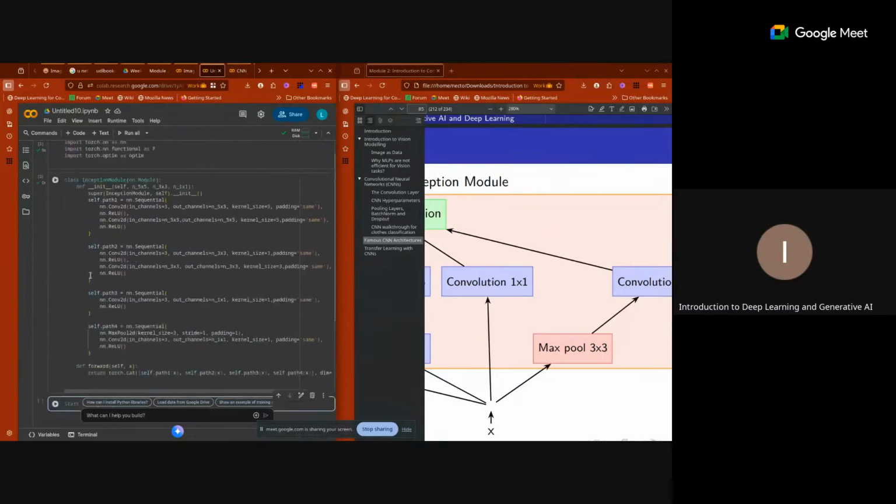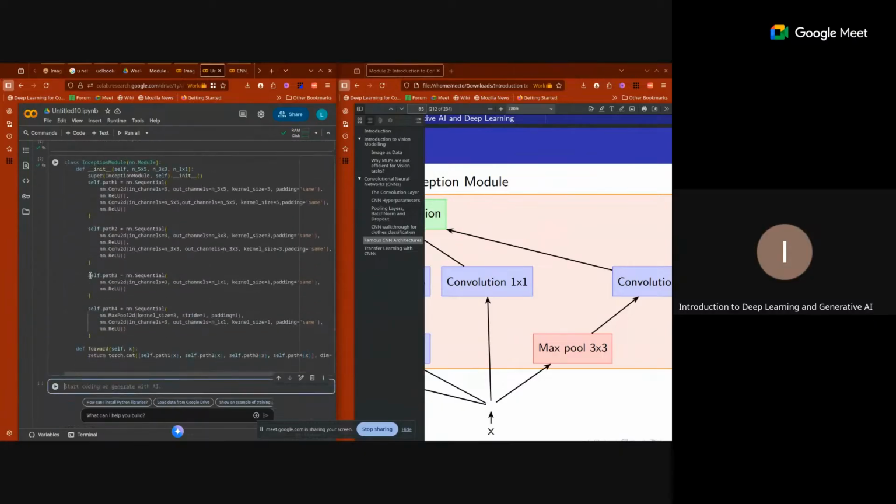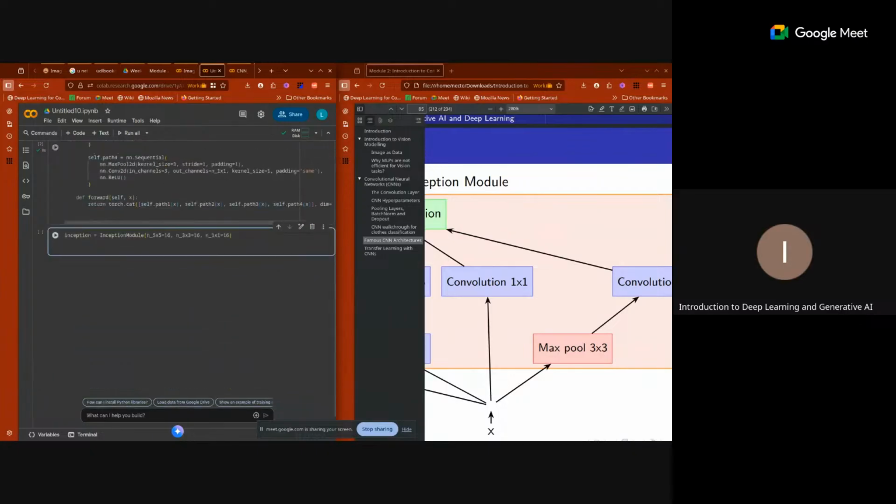Now let's try with a simple tensor. We'll first initialize this one, I'm just initializing with these values.